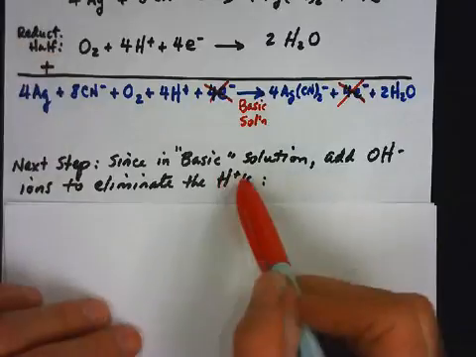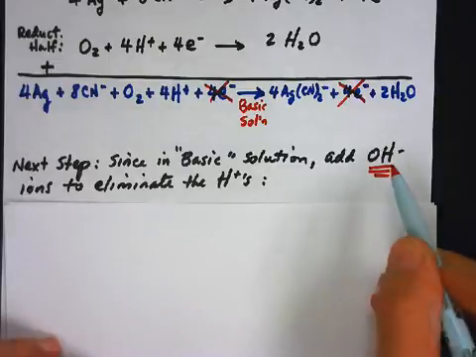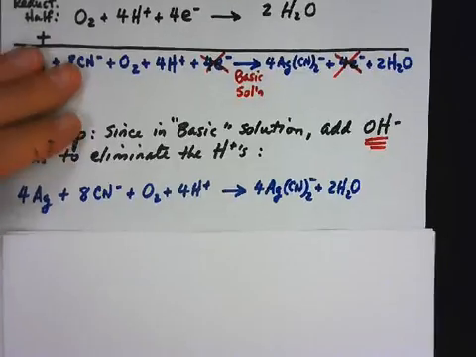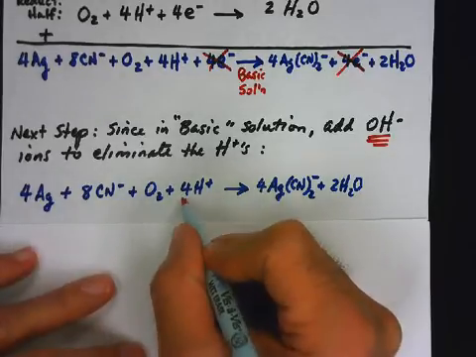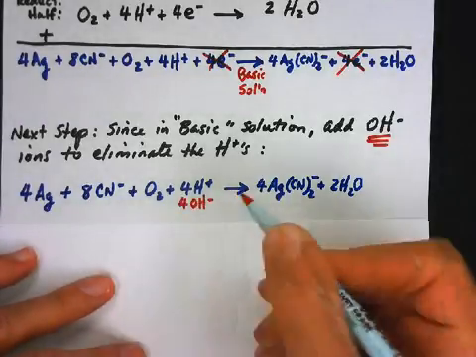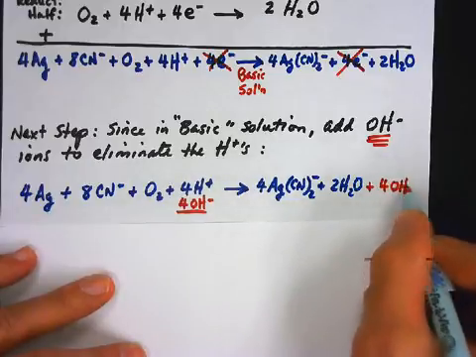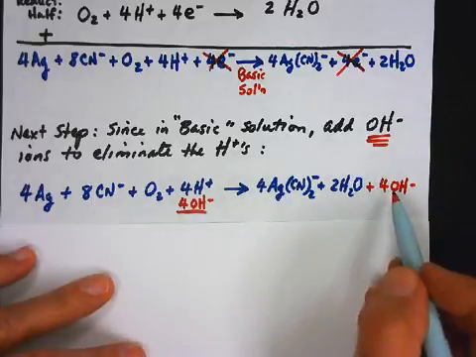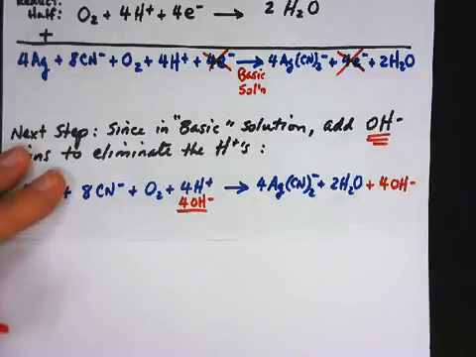Okay, so since it's in the basic solution, we need to add OH ions to both sides in order to eliminate the H pluses. Okay, so how do we do that? Well, if I add 4 OHs to the left side and to the right side, because remember, if you add something to one side of an equation, you must also add that same value to the other side in order to keep it as an equation.